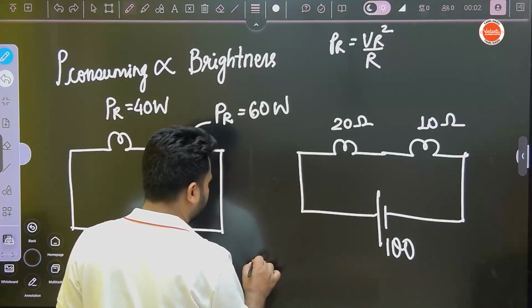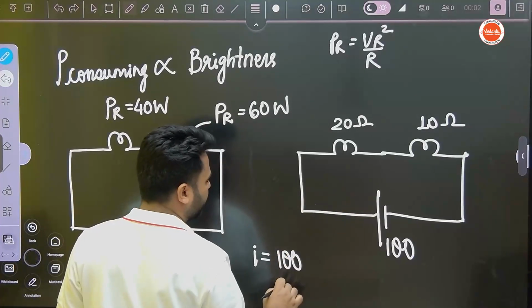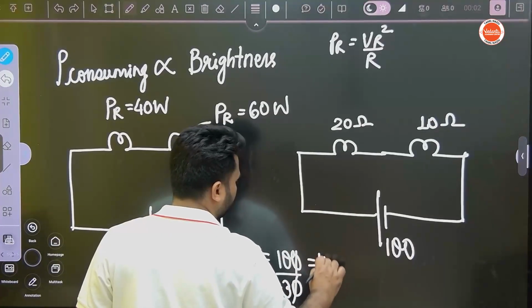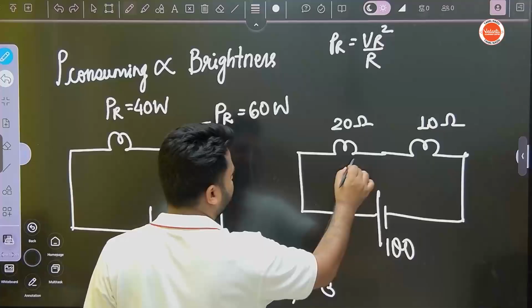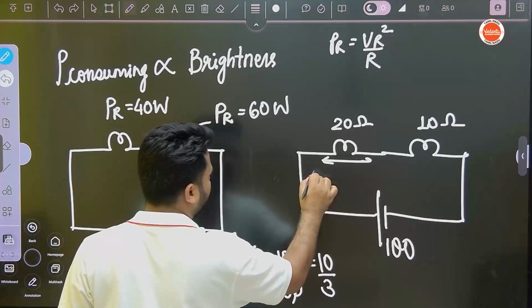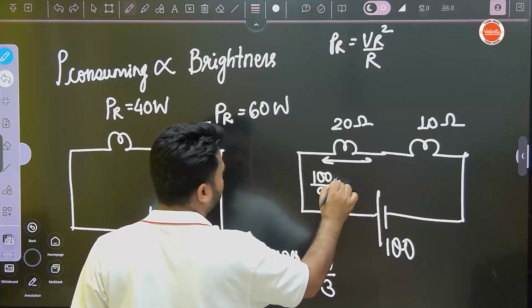What is the current in the circuit? I equals voltage divided by net resistance, that is 30. So 10 by 3. What is the power consumed by this? I square R. So I is 10 by 3. 10 square means 100 by 9 into R, that is 20.